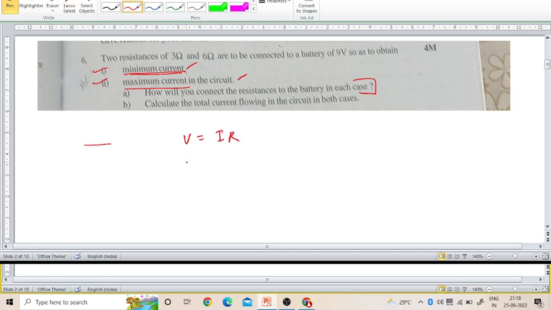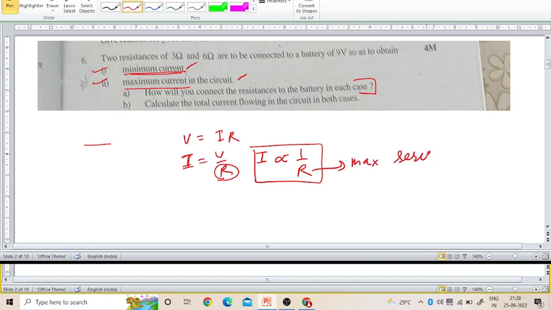It means I is equal to V by R. It means if resistance is maximum, current will be minimum, because I is inversely proportional to R. So tell me, in which case is resistance maximum? Resistance is maximum in series, and it is minimum when they are connected in parallel. Okay, so this is the concept.